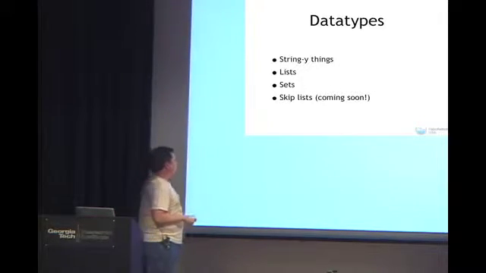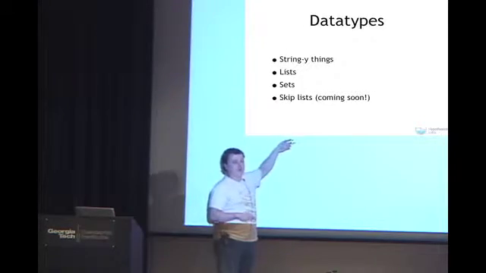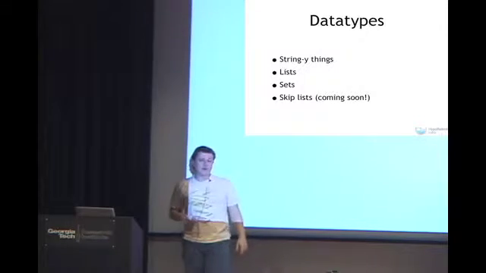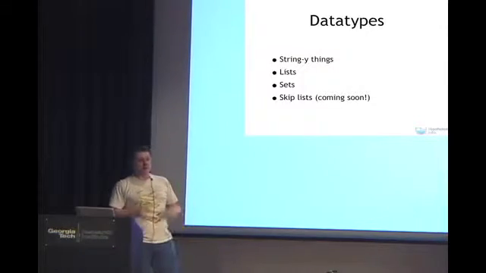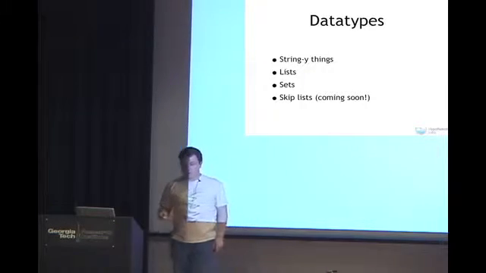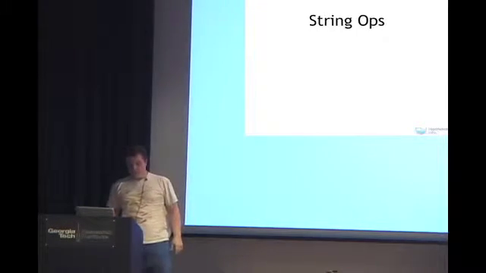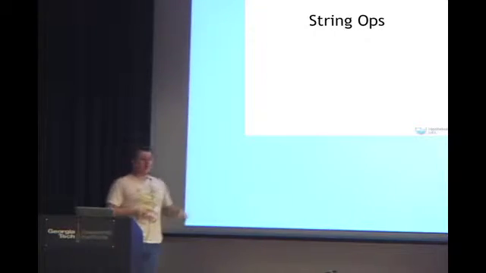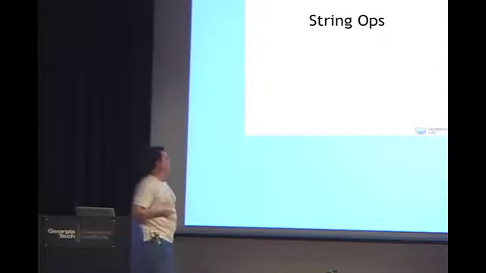And it has support for these things called skip lists, which are a data structure a little bit like B trees, but they're coded completely differently. And this should be coming in the next major release as well. So I'm going to talk about string ops, and then I'm going to show you some code.